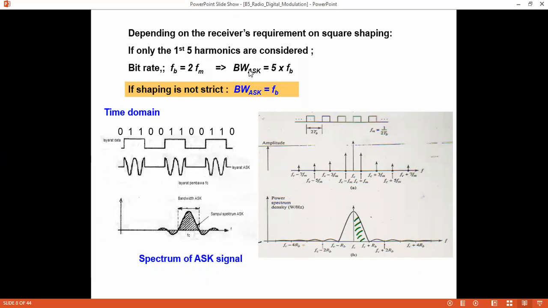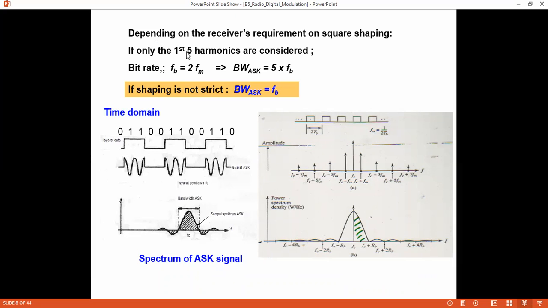So in terms of bandwidth, it depends on the receiver's requirement on the shape of our square wave. If we consider up to fifth harmonics, that means we want the shape to be quite sharp in terms of the edge, then we have to consider higher harmonics.